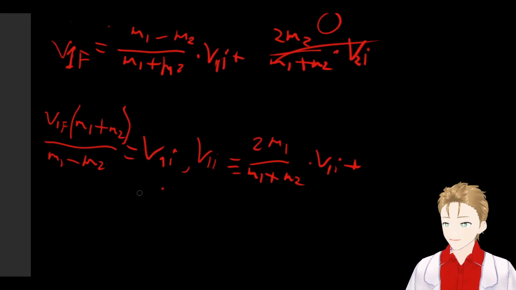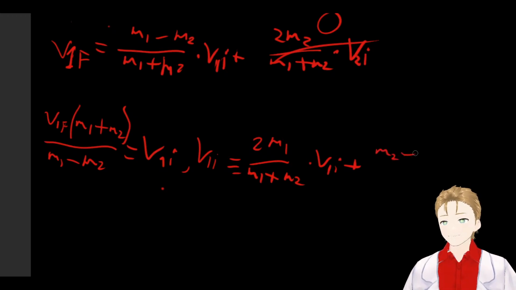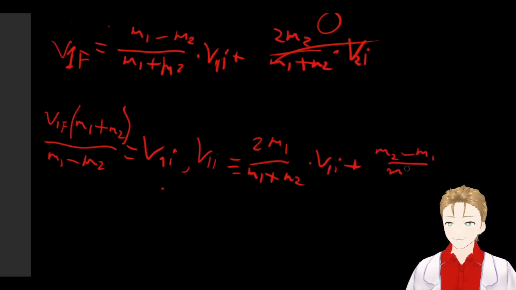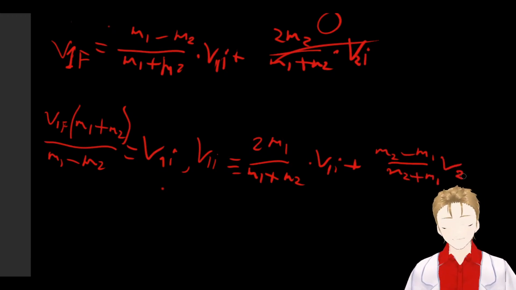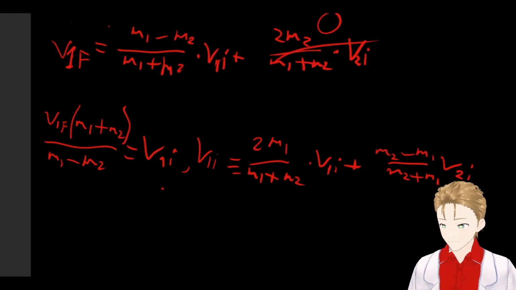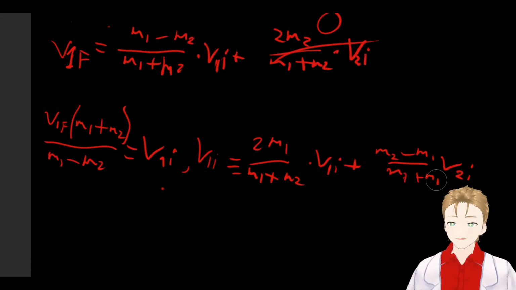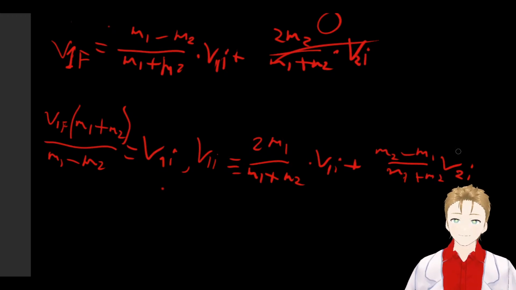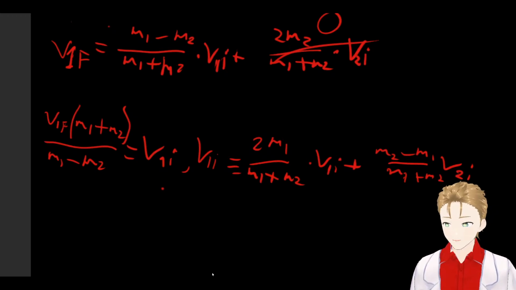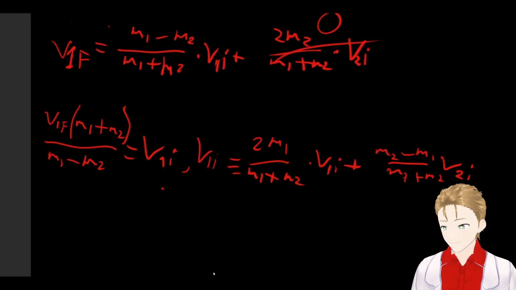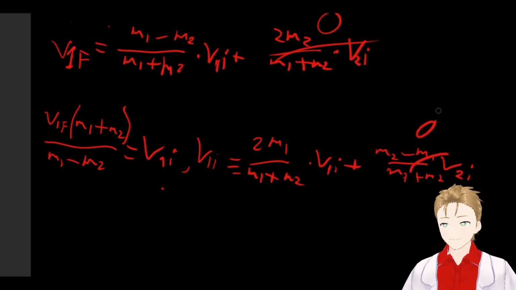That's M1 plus M2 minus M1, or M2 plus M1 times velocity initial, right? This is a flipped M1, M2. Maybe I get those top ones wrong as well. No, they were fine. I'm going to ignore that again.